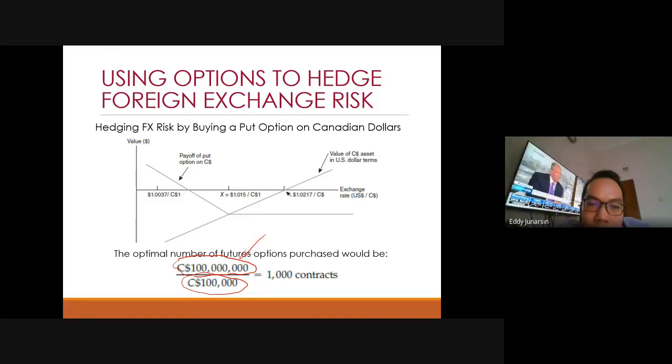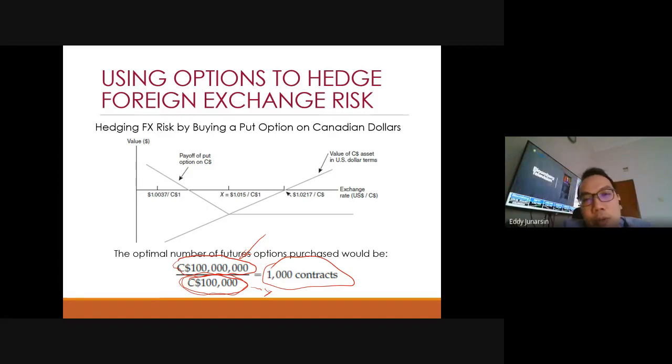And the size of the option contract, especially if this is an exchange traded option, is 100,000 Canadian dollars. So you know exactly that you need to take 1,000 contracts. Whether you take a long call or long put would depend on the risk that you try to manage.